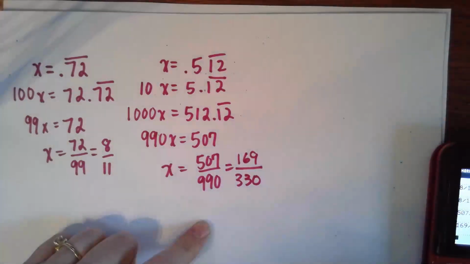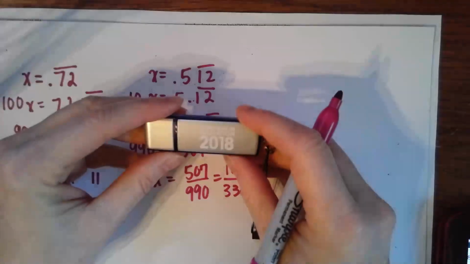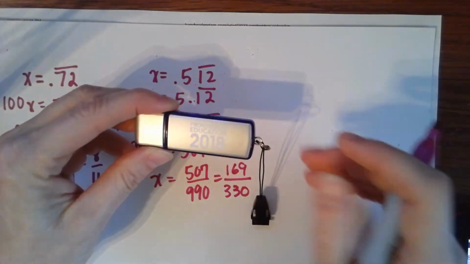Okay, and let's do one with a whole number in front of it. Let me pick something else out of my desk that has some numbers on it. Oh look, Frontiers in Education 2018.